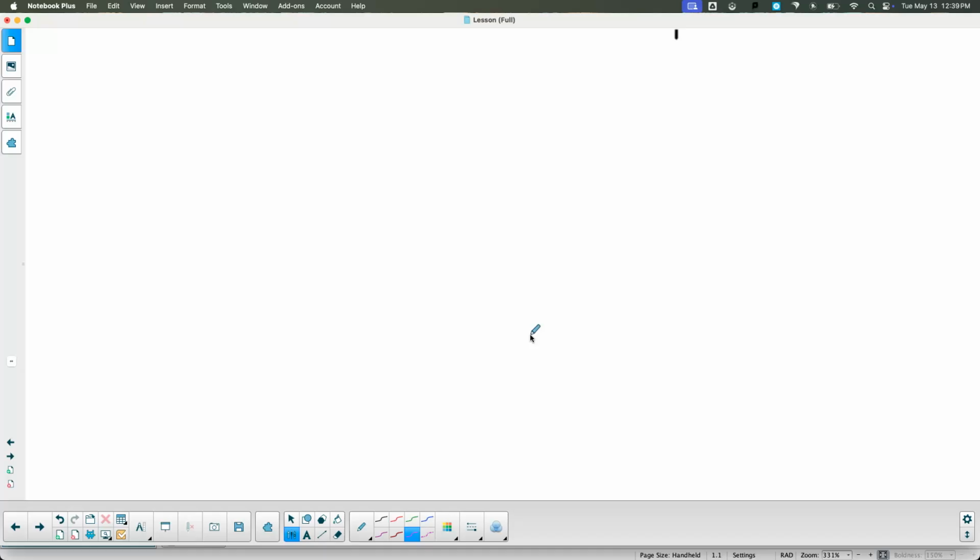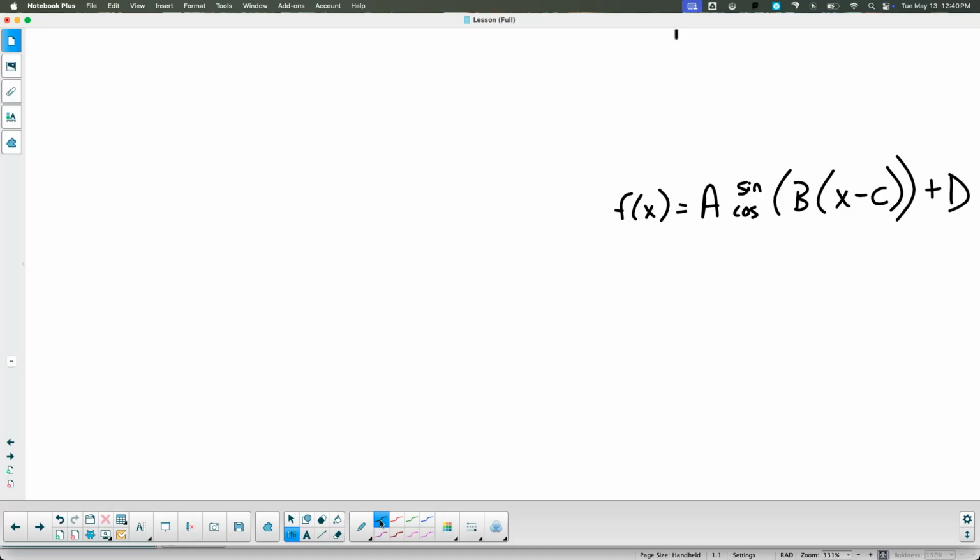We had a function, f of x equals a, sine or cosine of b times x minus c, plus d. Remember that formula. A did what? It was the amplitude, so the vertical stretch.